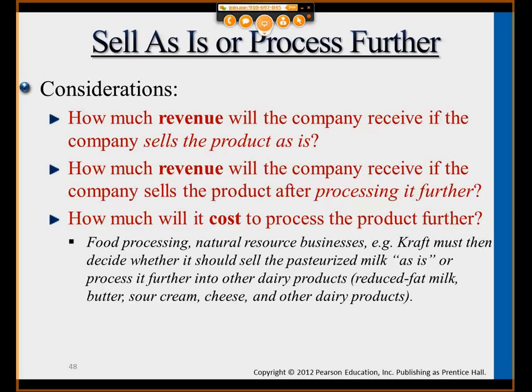Kraft must decide whether it should sell pasteurized milk as is or process it further into other dairy products, like cheese, sour cream, and such. One thing is to just sell milk. The other is to process it further and have other products to sell. Okay? So let's look at an example.